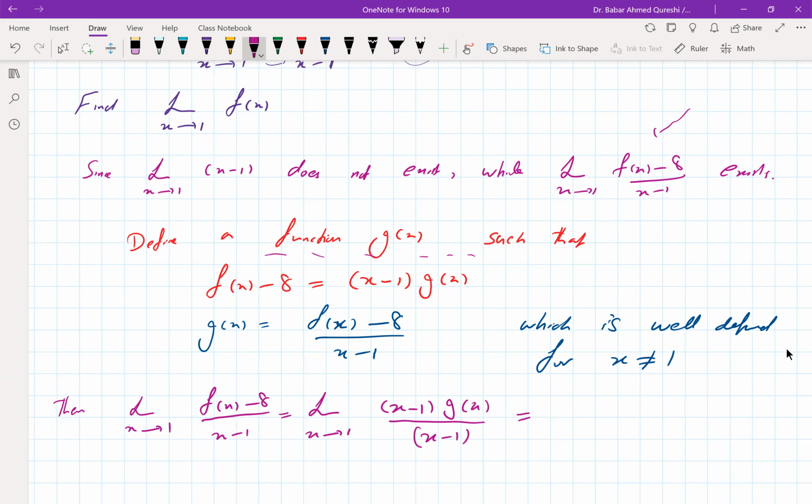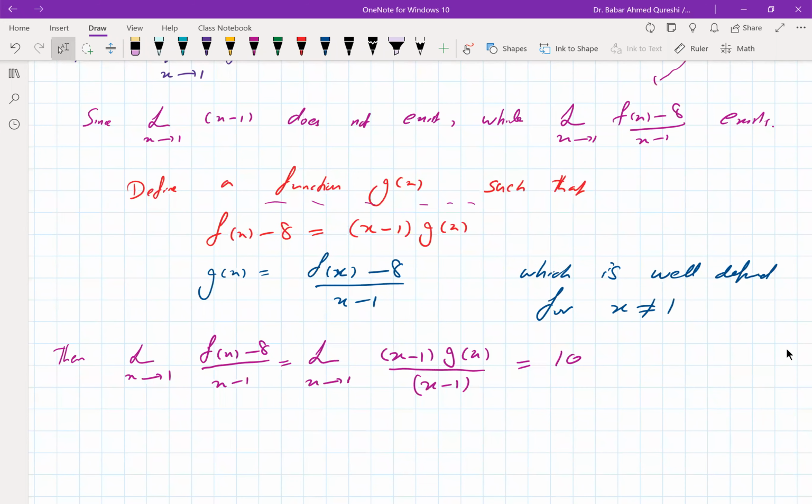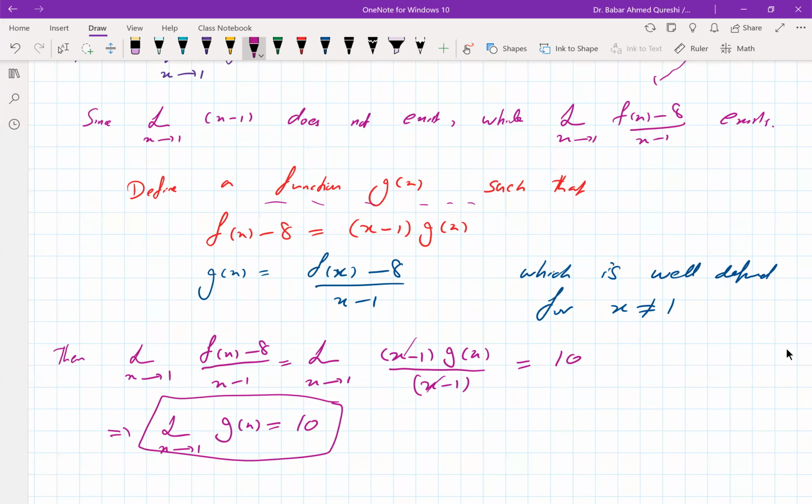And we are given that it's equal to 10. 10, or was it 8? 10. But since I'm not at 1, this also implies that I can cancel. So that means that the function which I defined, its limit has to be equal to 10 as well.